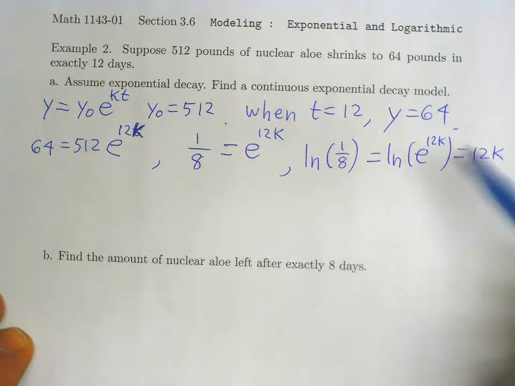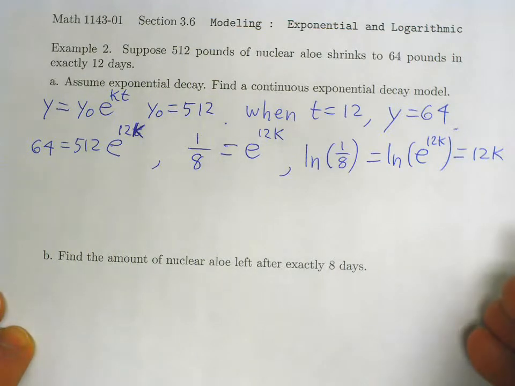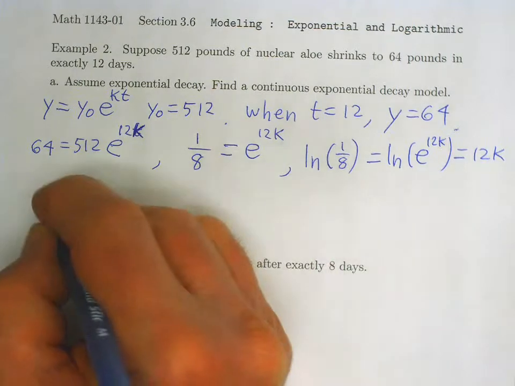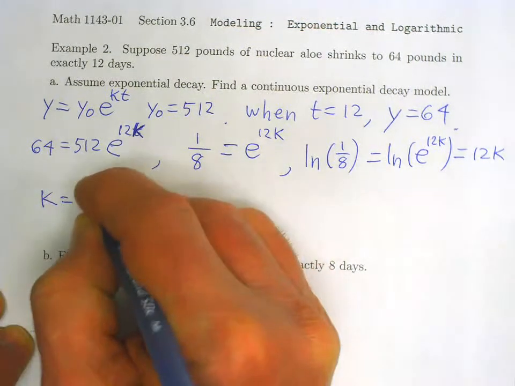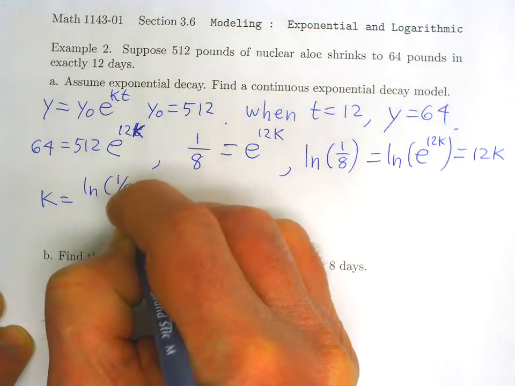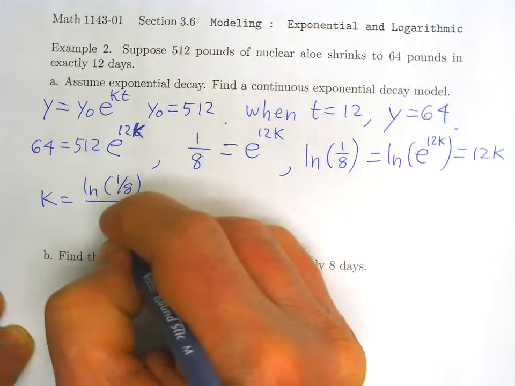And if you want, you can convert 1/8 to 0.125. Either way is okay. But anyway, the decay constant is the natural log of 1/8 divided by 12.